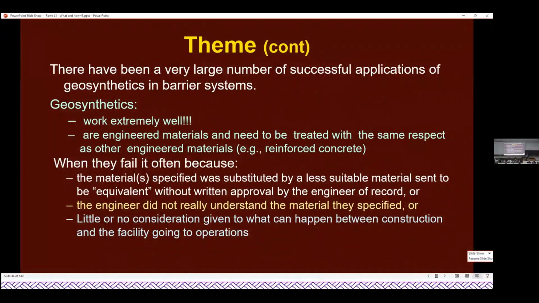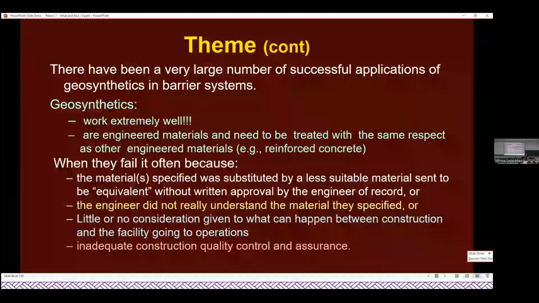So it's good in the sense it's good if you could wish it into place. But it's bad because they didn't think about how do I design so it actually lasts until I need to use it. Inadequate construction, quality control and assurance is a common cause of problems.